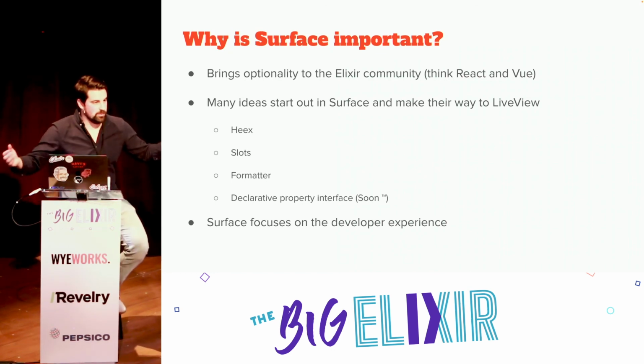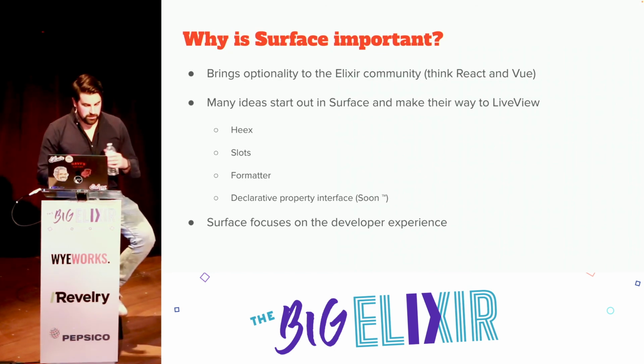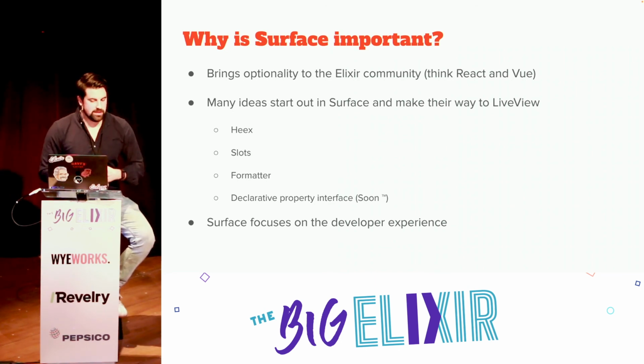We use Surface at SimpleBet, and it powers multiple of our products and internal tools. And I find that we get so much value out of having these additional features on top of LiveView that you don't just get out of the box. So Marlis already covered a lot of this, but things like hooks, slots, the formatter, the declarative property interface that will be coming to LiveView soon.